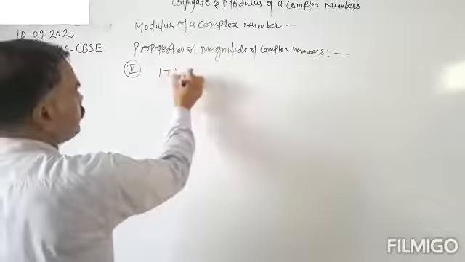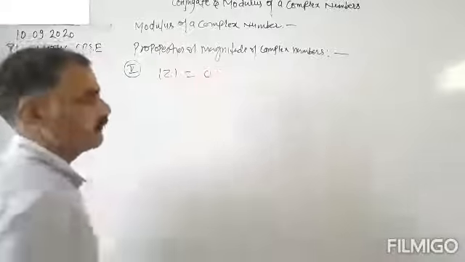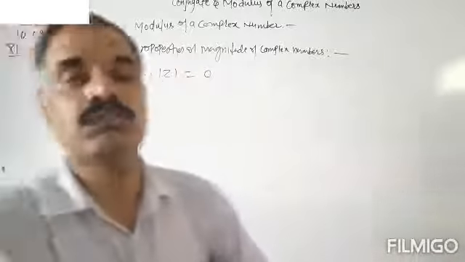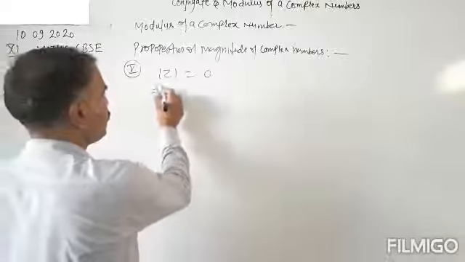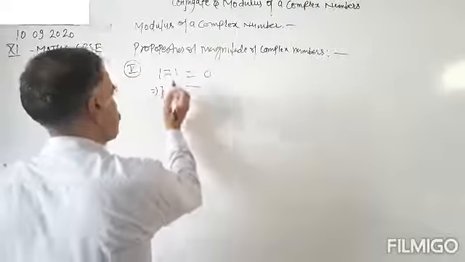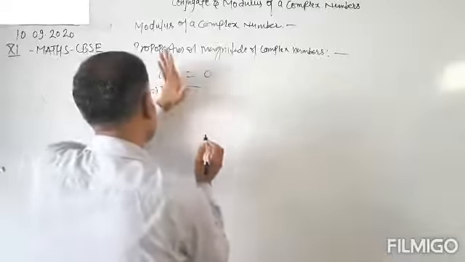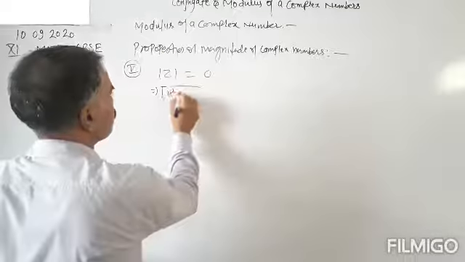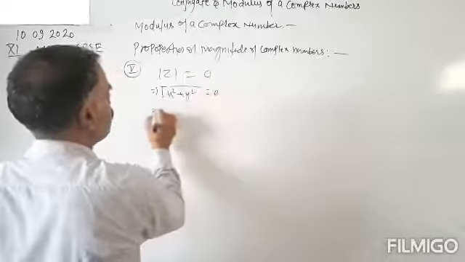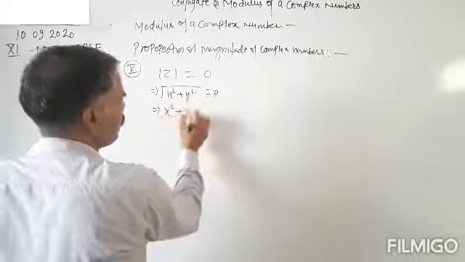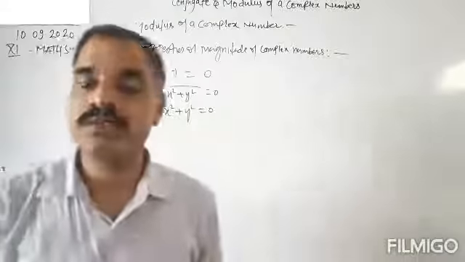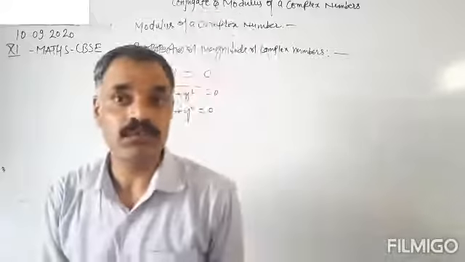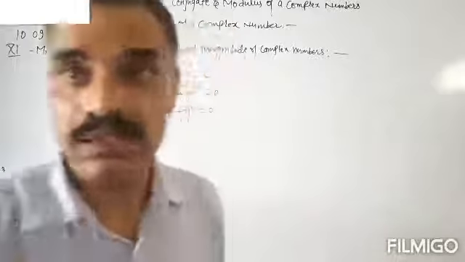If magnitude z equals 0, that means under root x square plus y square equals 0, so x square plus y square equals 0, and the sum of squares of two numbers is equal to 0 only if both the numbers are 0.